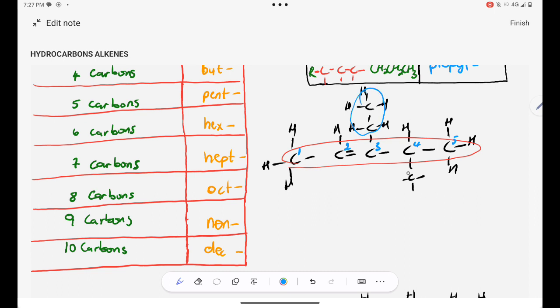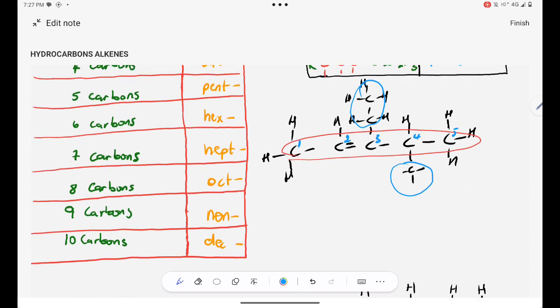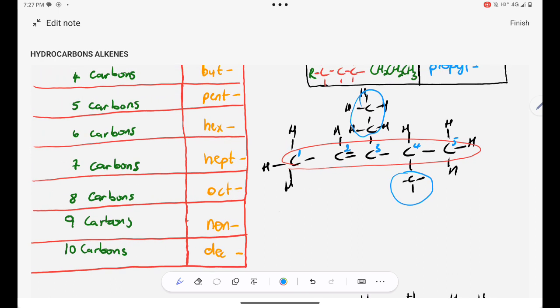I have an ethyl as well as a methyl. I must obviously mention them in alphabetical order. At carbon number 3, I have an ethyl, and then at carbon number 4, I have a methyl, and then the parent chain has 5 carbons.